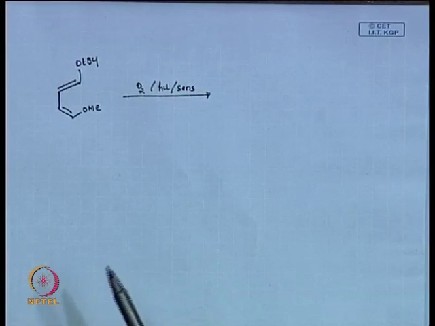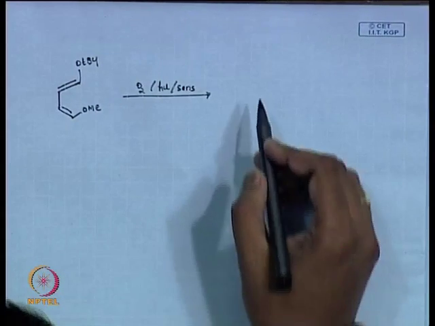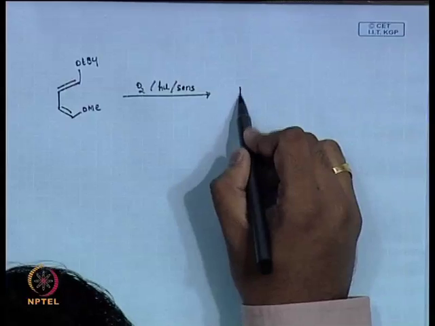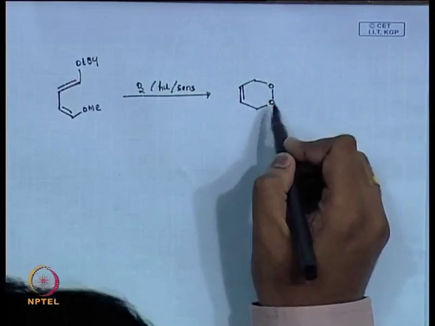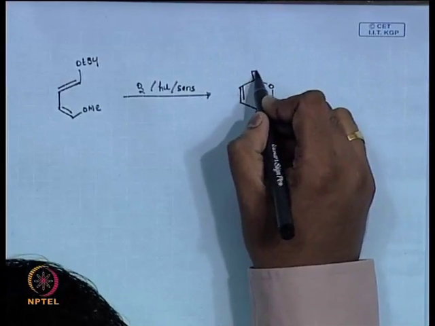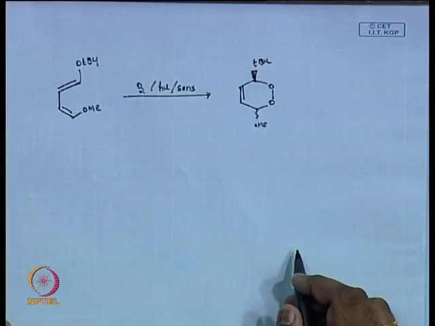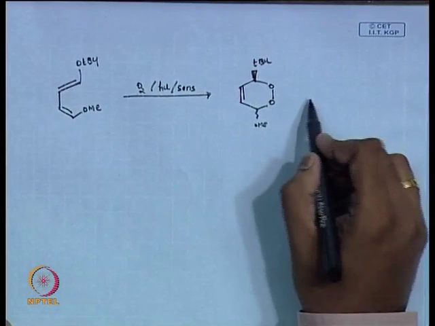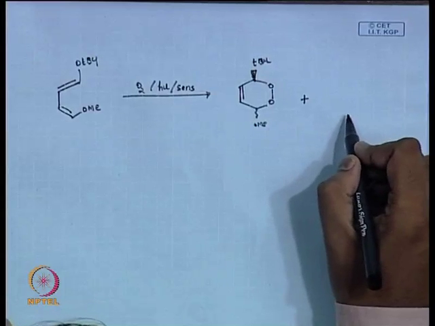What do you expect in this case? You expect 4 plus 2. That means I have to write the structure like this, right. You expect this. Why can I not write the structure like this, which would be much easier for me?